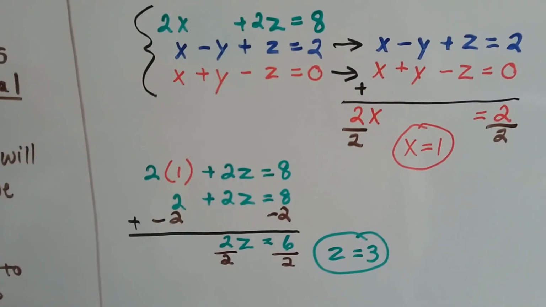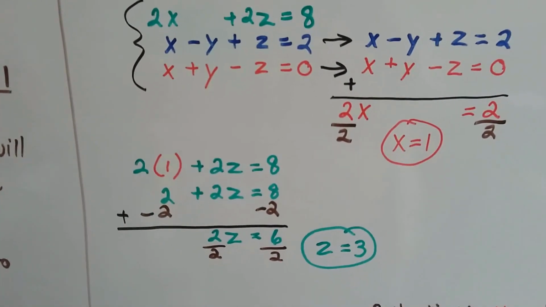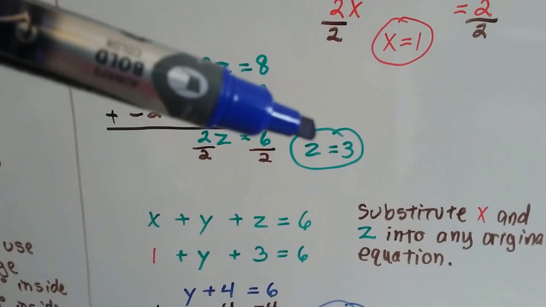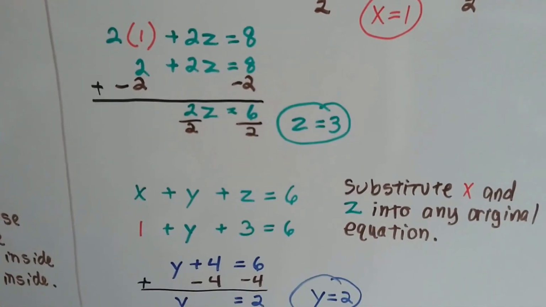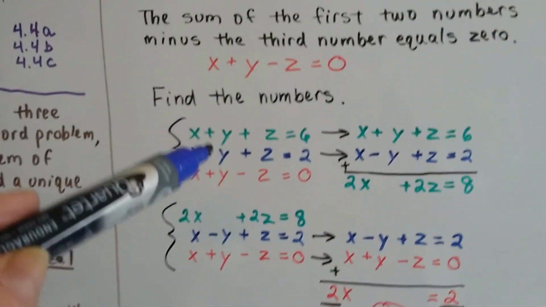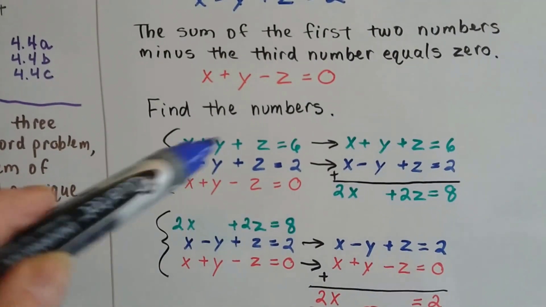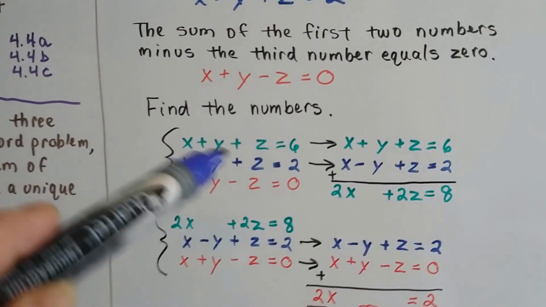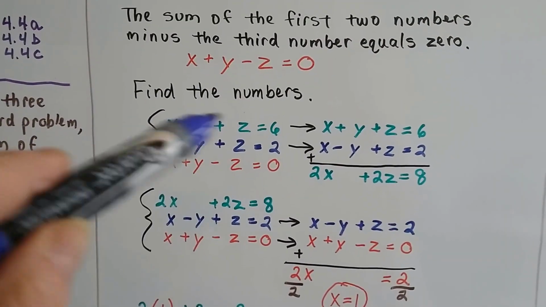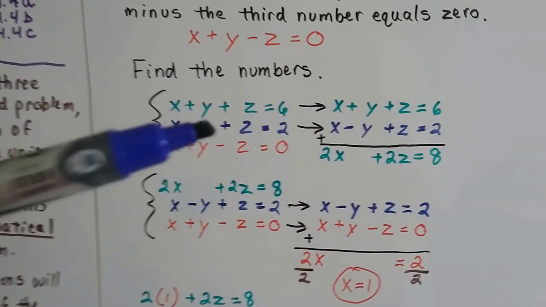Well, this is getting easier, isn't it? Now I know x is 1 and z is 3. Did you know that I could substitute the x is 1 and z is 3 into any of the original equations? So I can pick any one of these original equations and put x is 1 and z is 3 into any one of these equations. You don't have to put it into the red one.